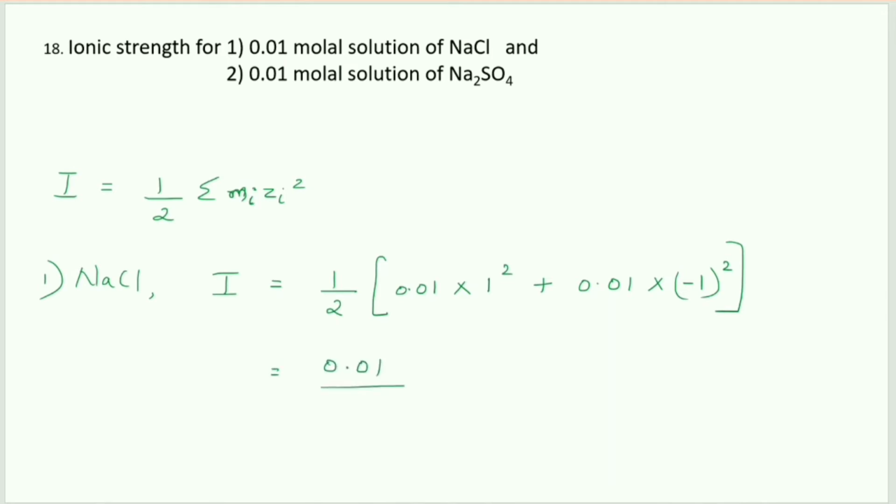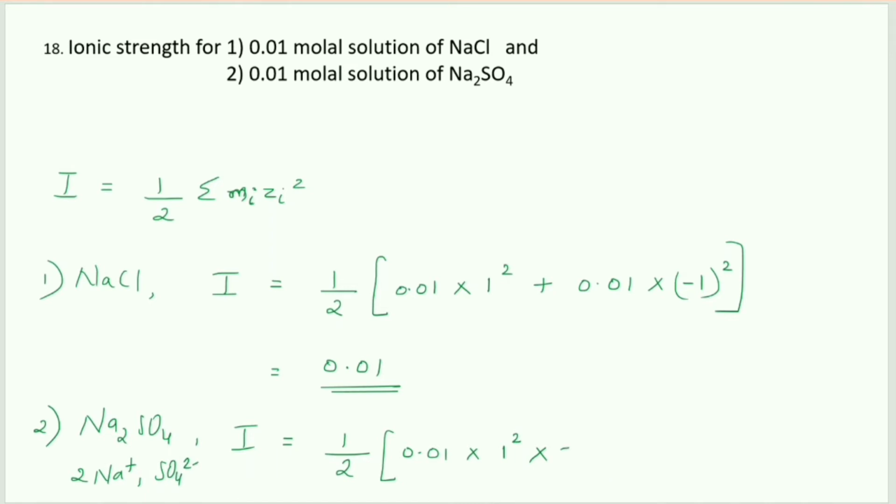Next one, Na2SO4. Ionic strength I equals half into molality 0.01 into the charge of Na+, which is 1 square, into how many Na+? 2 Na+ and 1 SO4 2 minus.